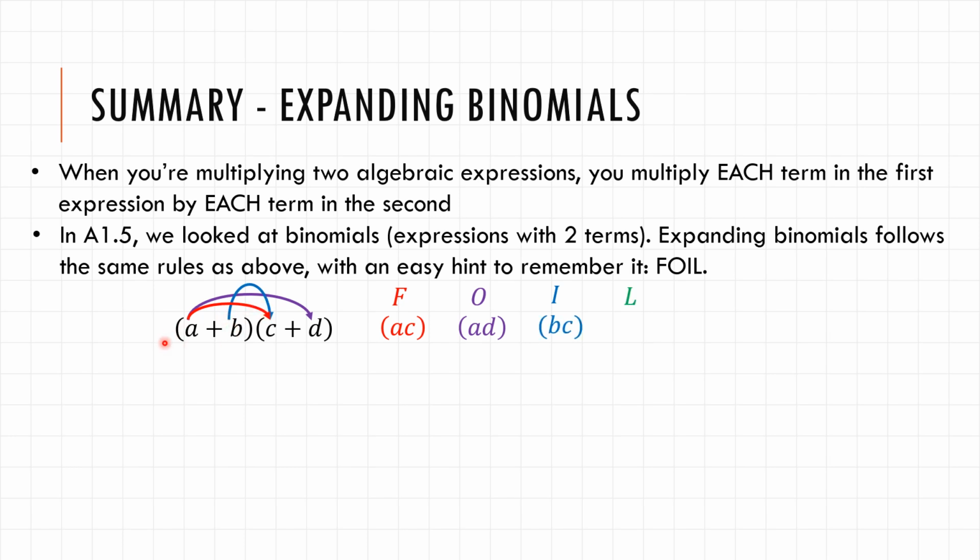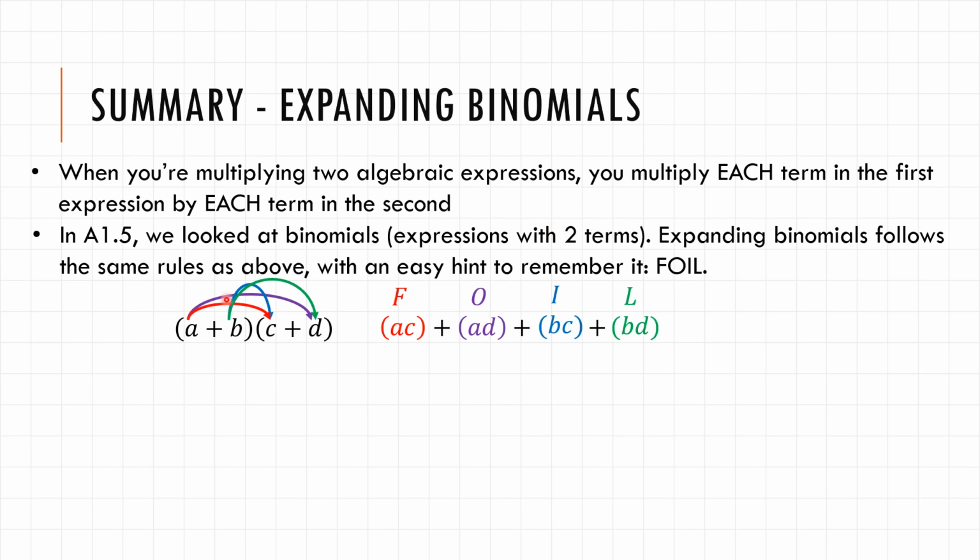B is the last term in this binomial, and D is the last term in this one. So that's B times D. And then you just add all of these together, and whatever your answer is after you've combined any like terms, that is the expansion of a binomial.